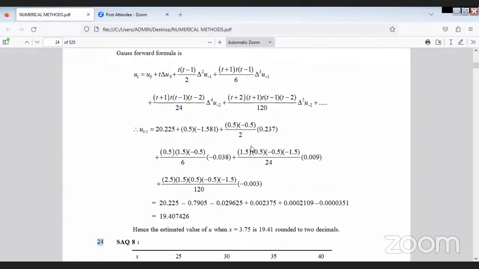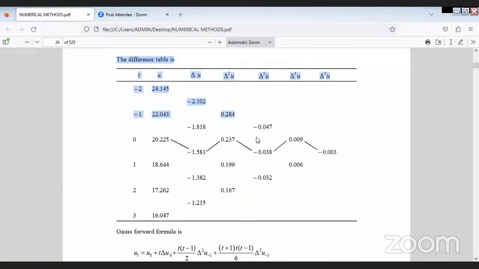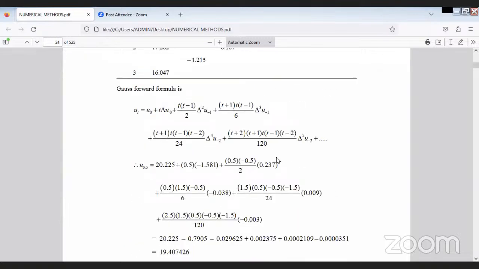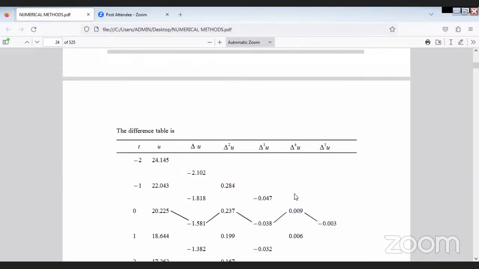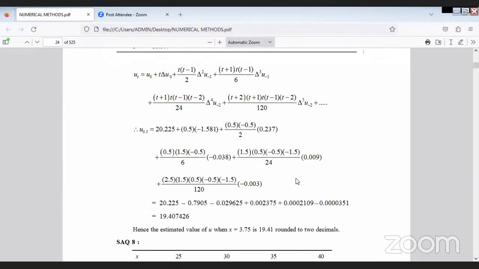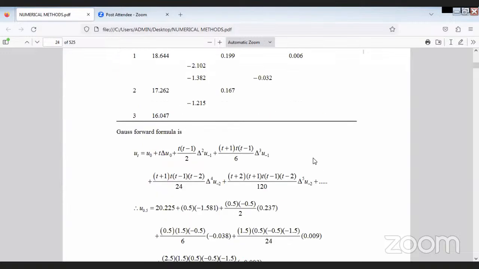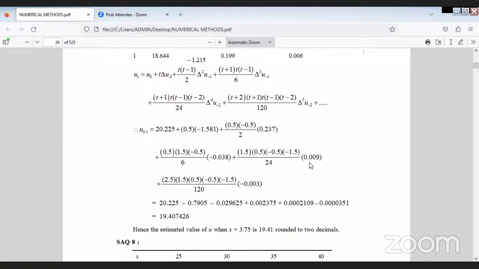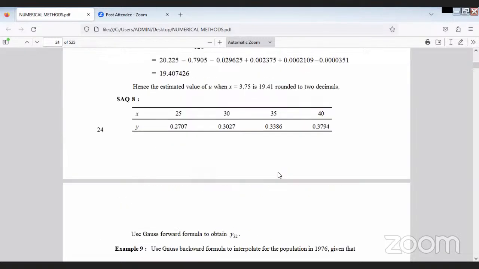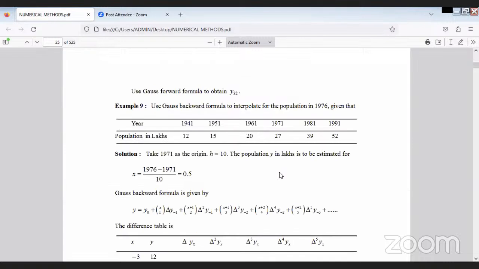Again here 0.5 into minus 0.5 by 2 times the second difference, again 0.237 is the value. Then again 0.5 times the higher differences, minus 0.038, 0.009, and so on. So these values are substituted and calculated here. That is 19.407 for x equal to 3.75, there is 19.407267 we can take here.